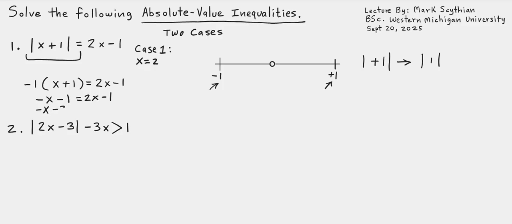So negative x minus 2x is equal to positive 1 minus 1. So this will result in negative 3x is equal to 0. So we divide both sides by negative 3. So x is equal to 0 divided by negative 3, which is 0. So case number 2 is x is equal to 0.